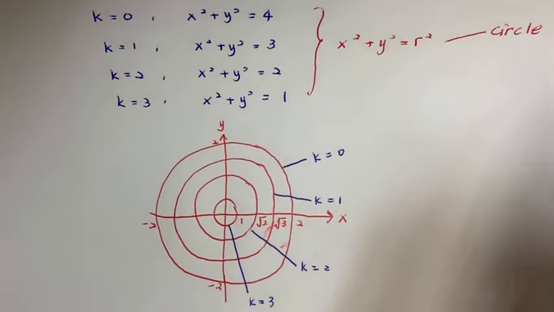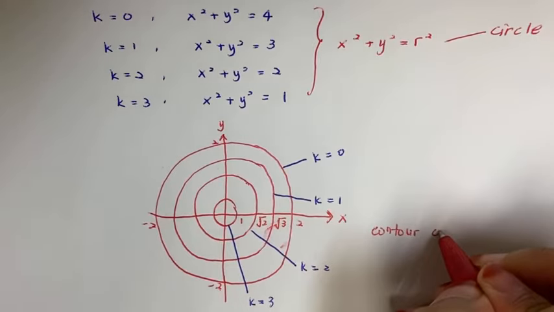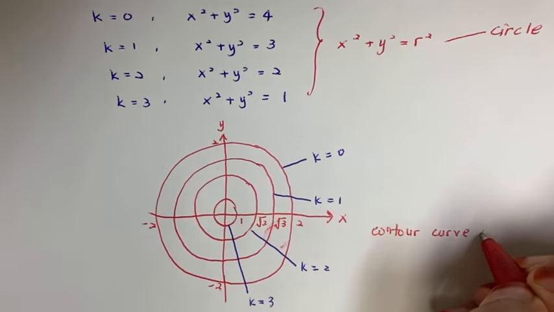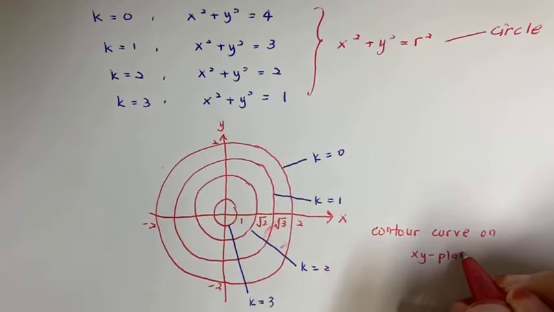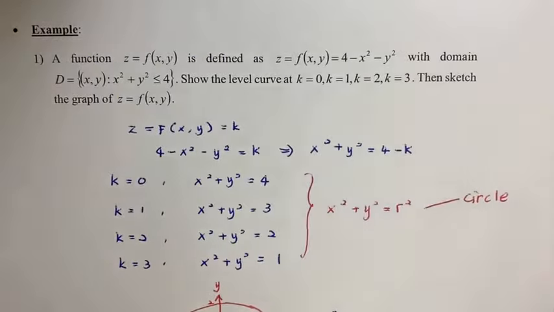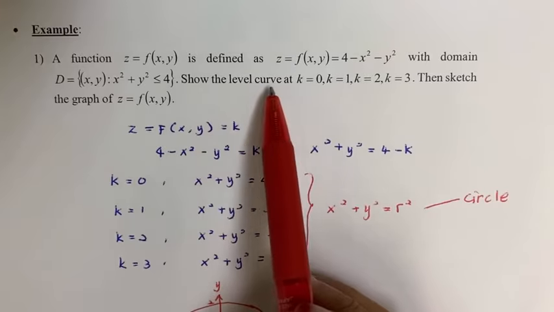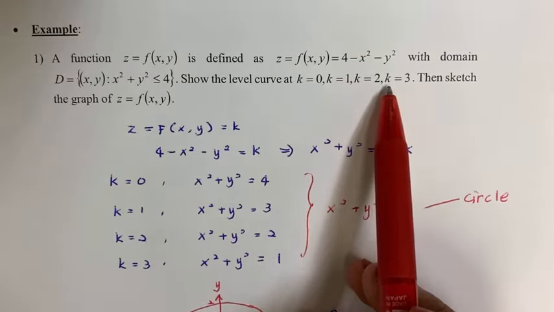So this is your contour curve on the xy plane. So you just show the level curve at k equal to 0, k equal to 1, k equal to 2, and k equal to 3.